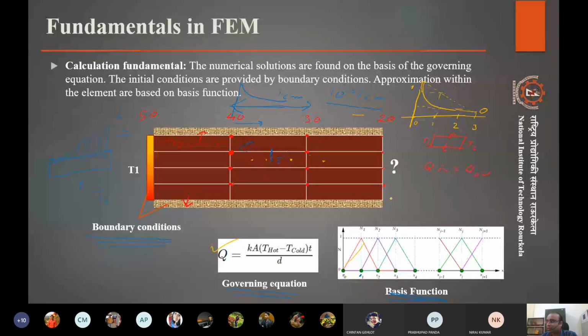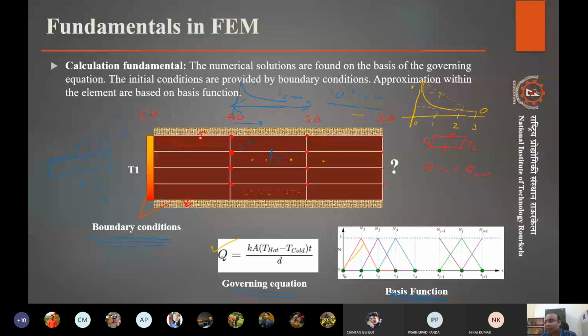But imagine calculating for each point, like how many points you can make in a material. Suppose for each point the same result has to be calculated 1,000 times. The calculation basically takes a lot of time for each event. Here it is quite easy because there is no other condition, no heat transfer.